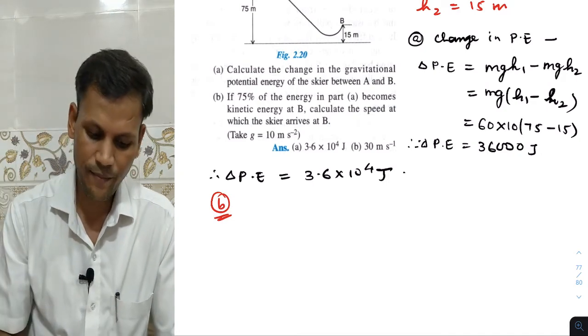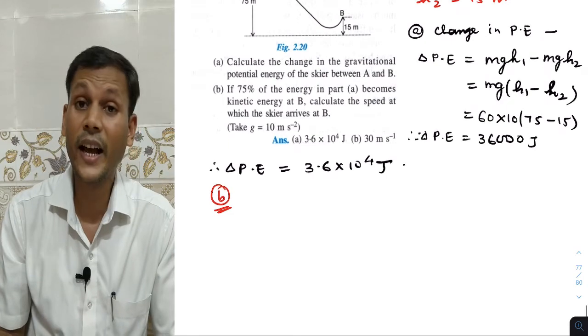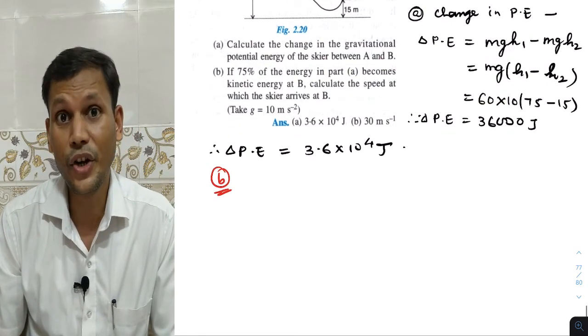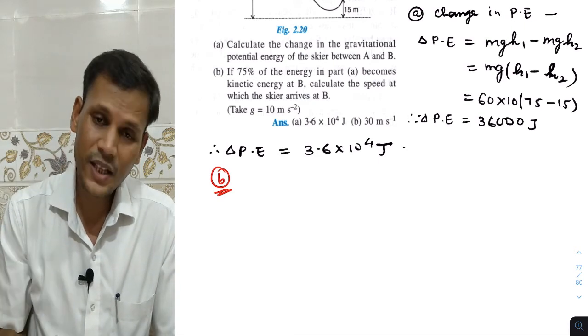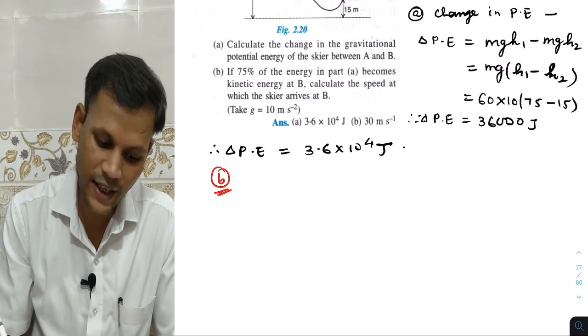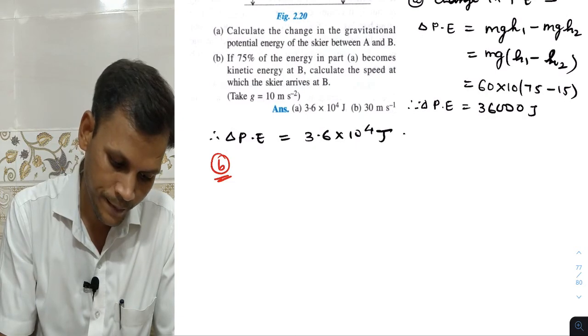But one tag is about 75% of the change in potential energy in part A.